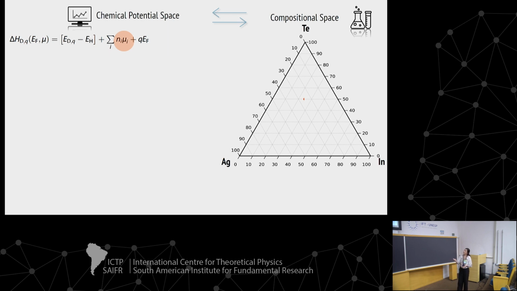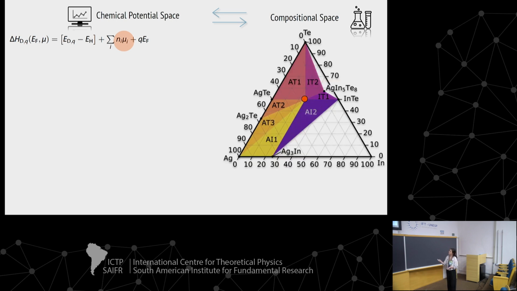And for this, I will use the example of a ternary material that we have been looking at, silver indium ditelluride. In the compositional space, we would have a point like here, 25% of silver and indium, 50% of tellurium. And when we consider secondary phases or competing phases, we create these regions, which are 3-phase equilibrium regions in the compositional space.